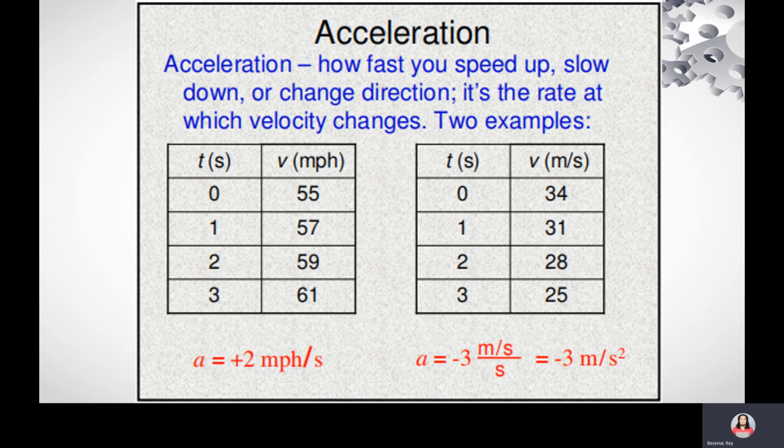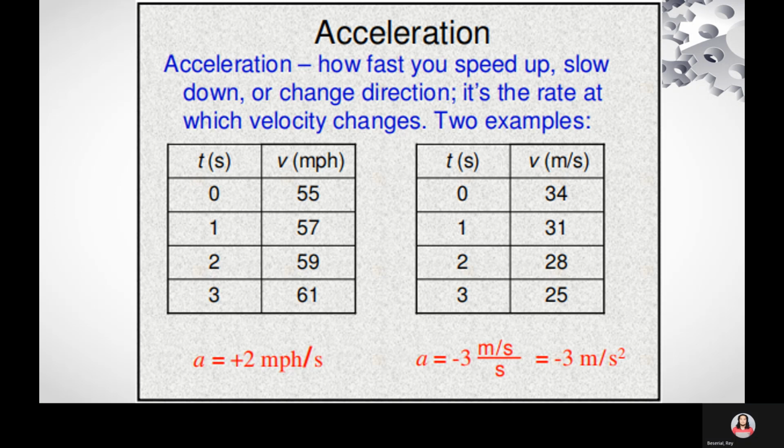So, ano ang ating acceleration? Ang formula natin here ay delta v over delta t. Yung delta v natin ay velocity final minus velocity initial, over time final minus time initial.